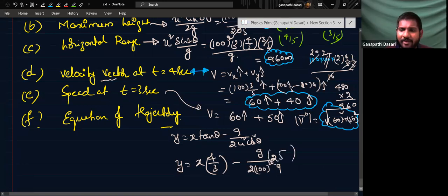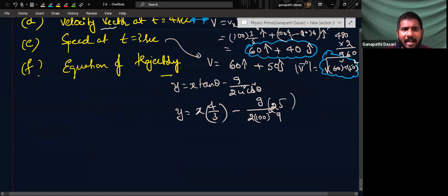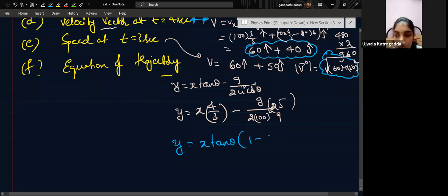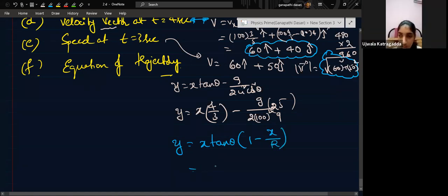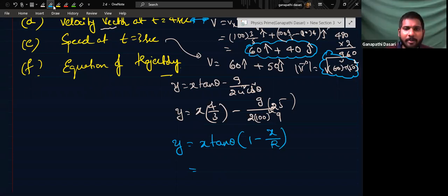You can solve this equation, or otherwise another simple way of solving I told you. Y is equal to x tan theta into 1 minus t by capital T, or otherwise 1 minus x by R, the range.